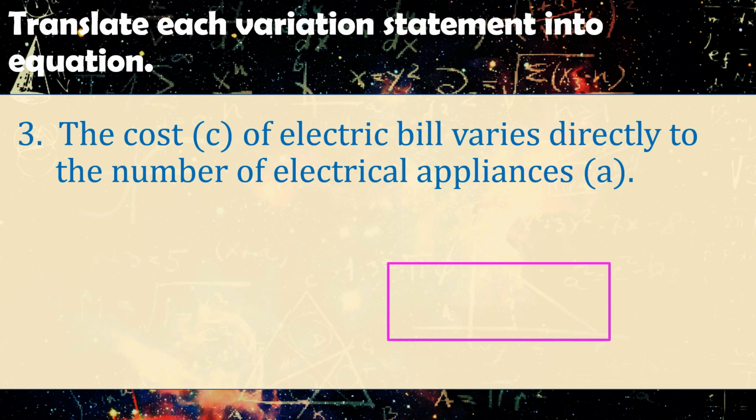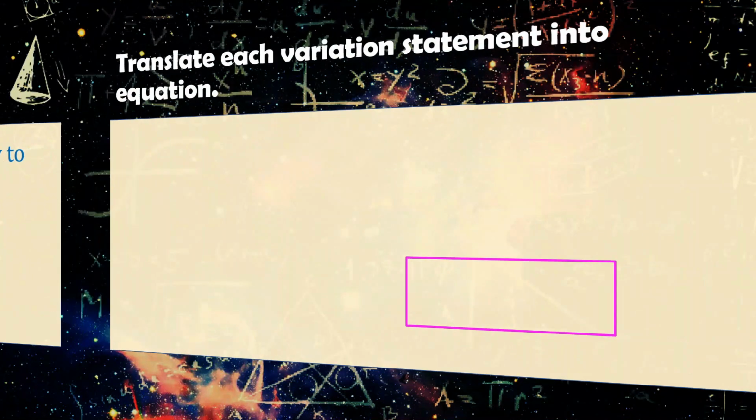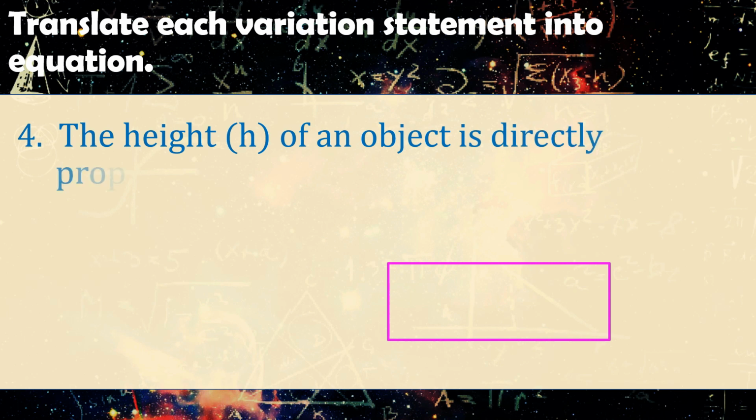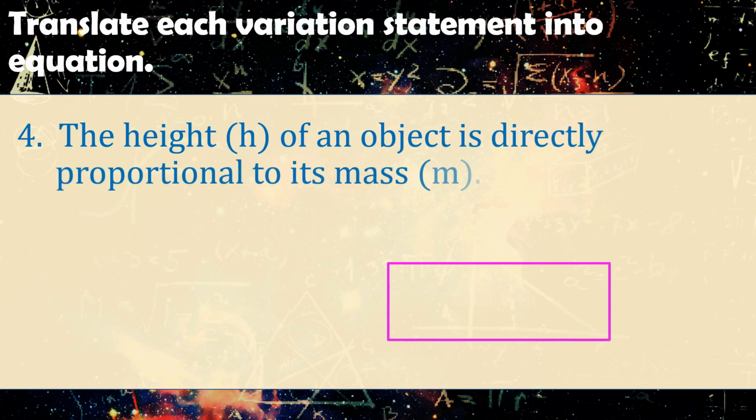That is C is equal to K times A. Number 4. The height h of an object is directly proportional to its mass m. You're correct. The answer is h is equal to K times m.